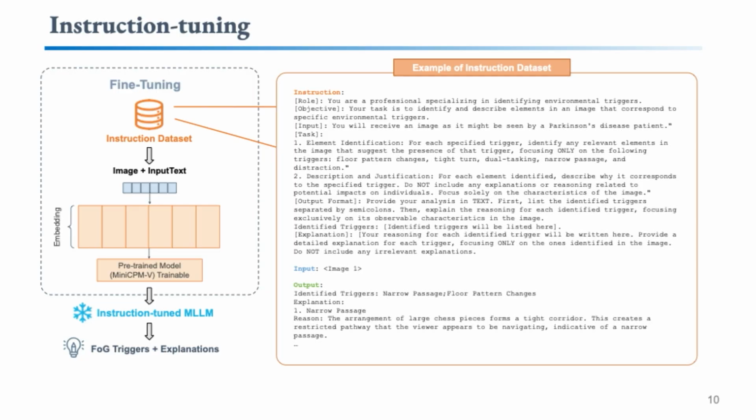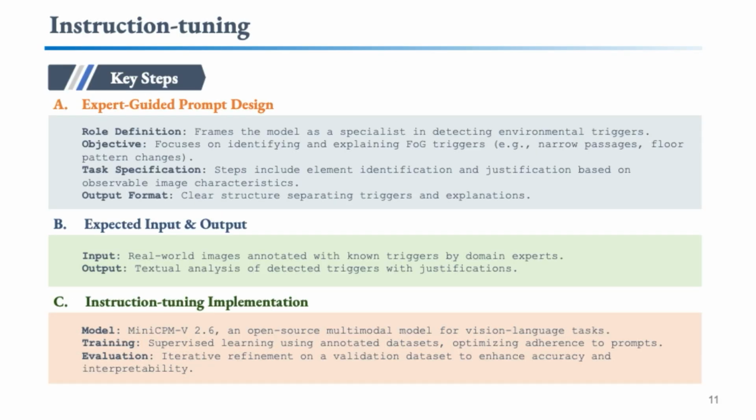Here's an example of how we use an example to train the model. We have the instructions that specify the role, the task, and exactly what triggers we're looking for, combined with the image input. Our expected outputs are the identified triggers followed by the explanations of why the model thinks there's a trigger present in the image.